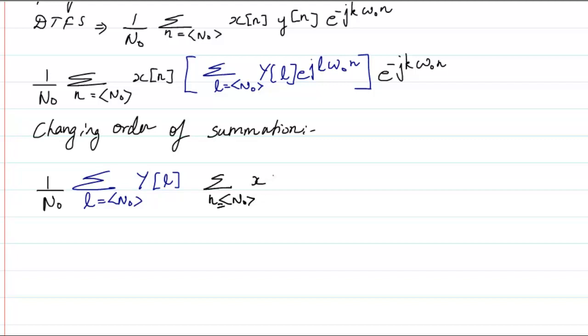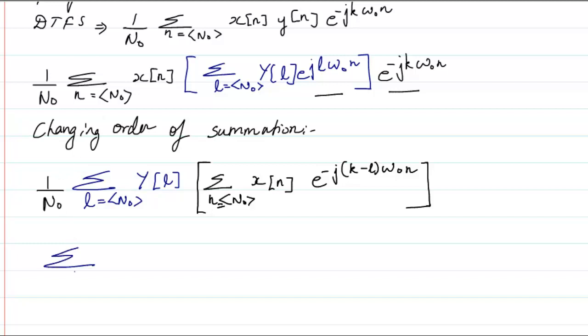Okay, X of n, and these two I will combine, which comes out to be e raised to power minus j, then k minus L omega naught n. Now what is this much portion? This much portion, when taken with 1 by n naught, I will write that here: summation L within the limit n naught y of L, and then 1 by n naught I will take inside the bracket now.